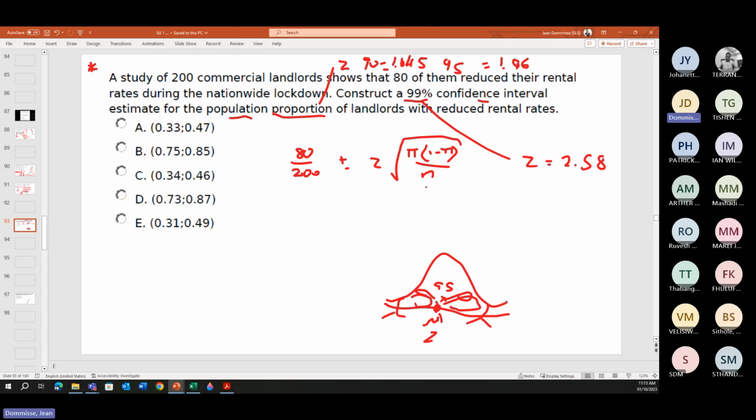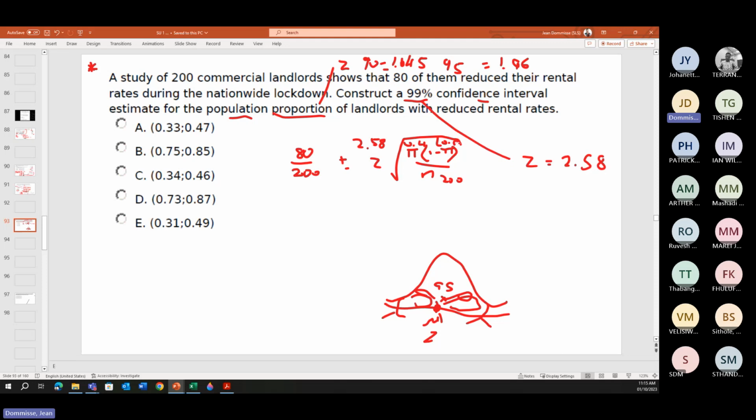Again, not going to work it out now, but that is what you will do. We know what that Z is. We know what the N is, it's 200. And this is 80 over 200, which is 40 divided by 100, so it's 0.4.